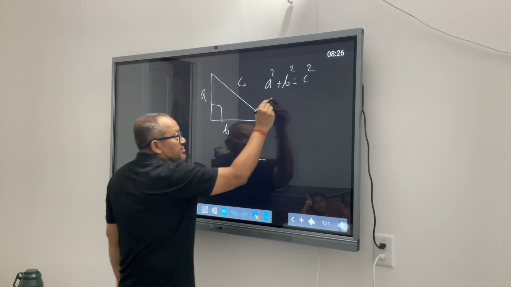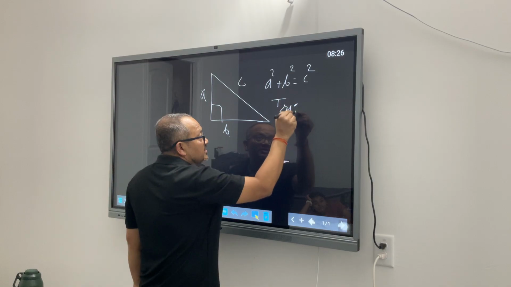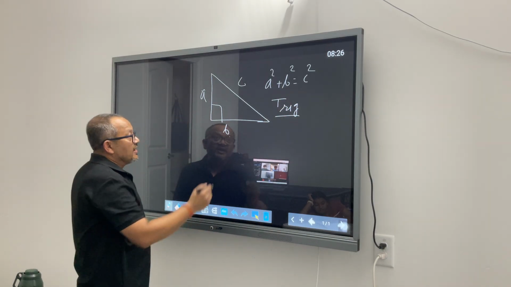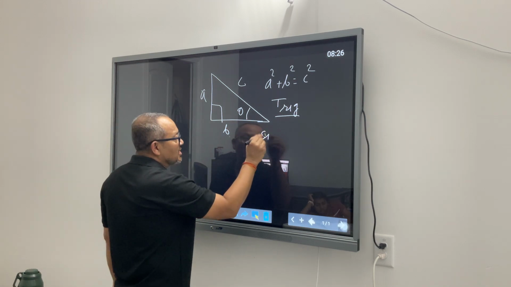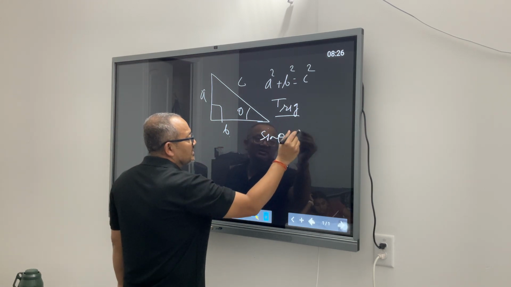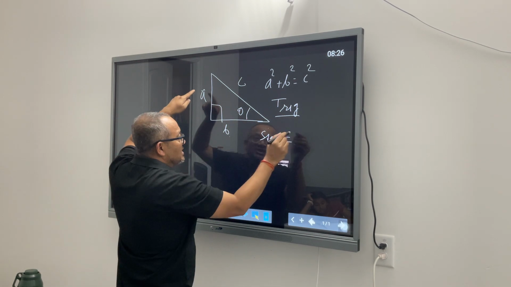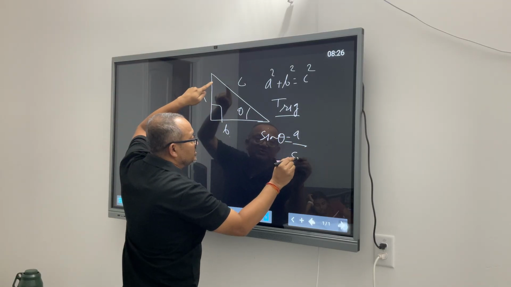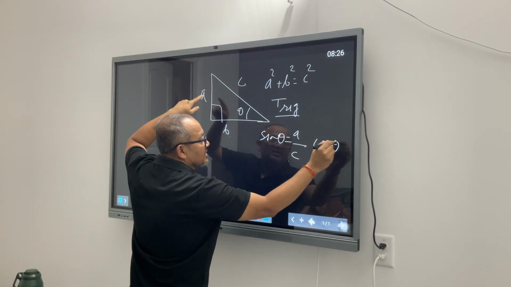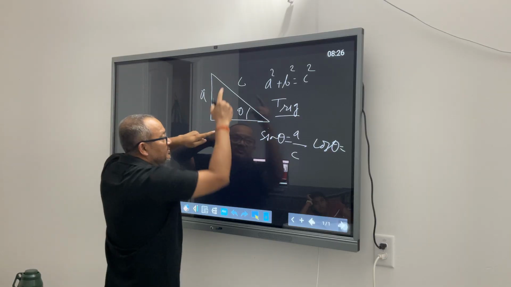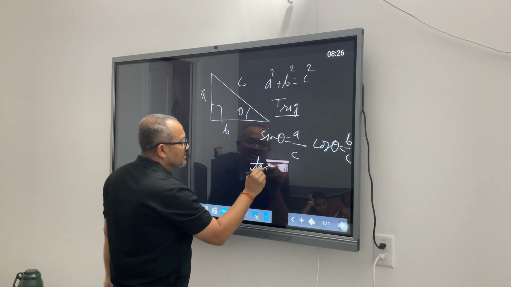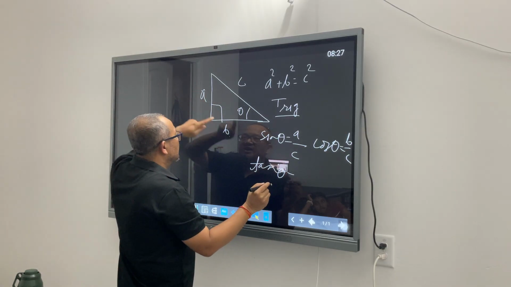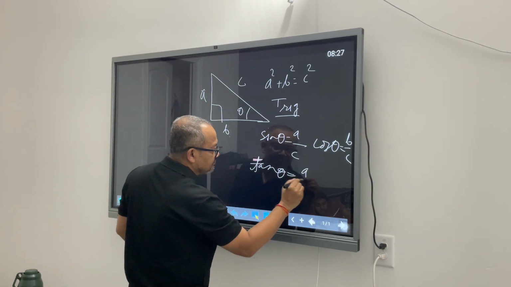Then came the trig ratios or trig functions, where we said okay fine, we can relate the angles with the sides. So this is when we talk about sine theta equal to a by c, the opposite side by hypotenuse, cos theta equals adjacent side by hypotenuse which is b by c, and tan theta equals opposite side by adjacent side, a by b.